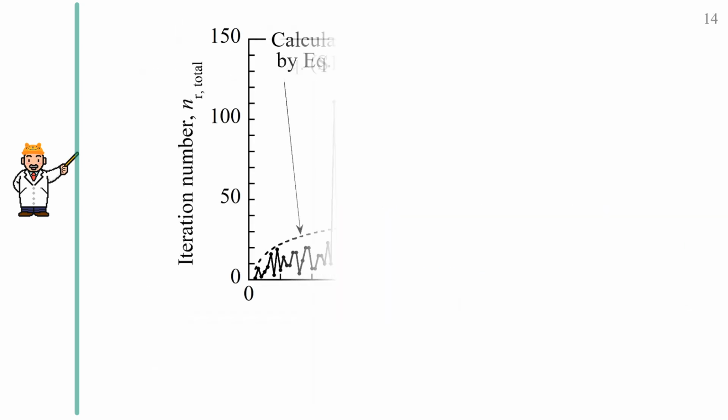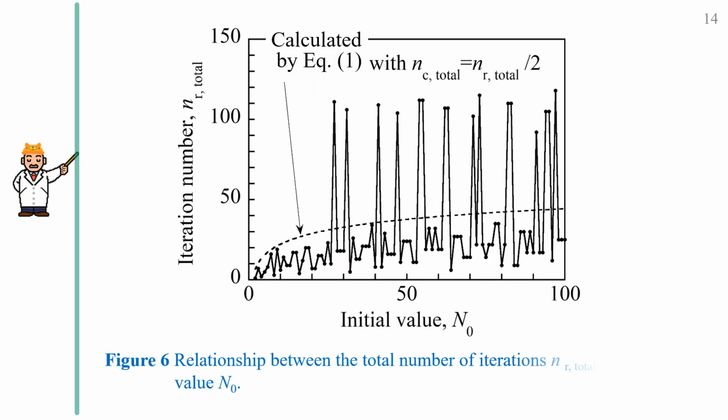Figure 6 shows the relationship between the total number of iterations n_total and the initial value n0. For most values, the number of iterations gradually increases as n0 increases. Transiently rapidly increasing numbers exhibit extremely large numbers of iterations.